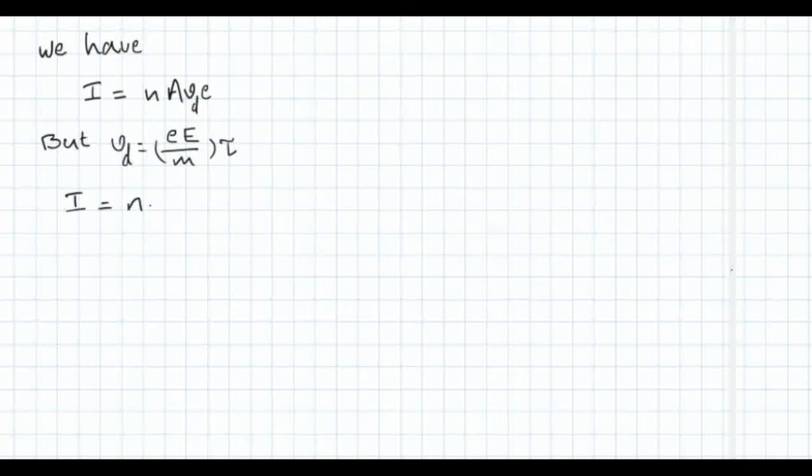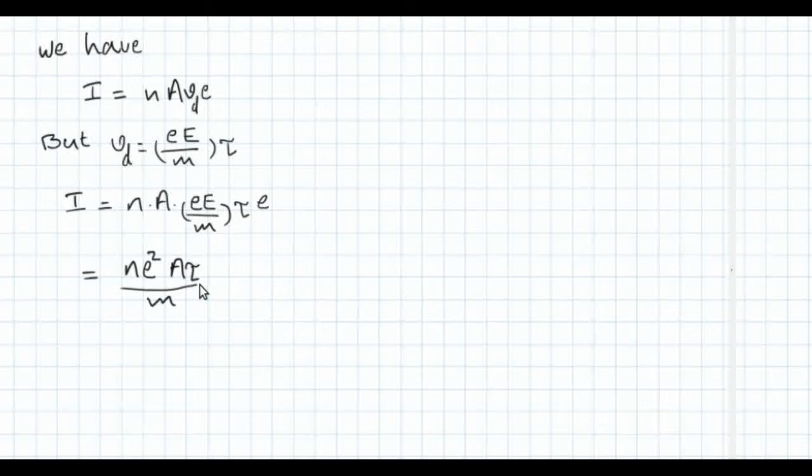Therefore we can rewrite this current as N A E by M into tau into E also. Therefore I is equal to N E square A tau E by M, where E represents the strength of the electric field.